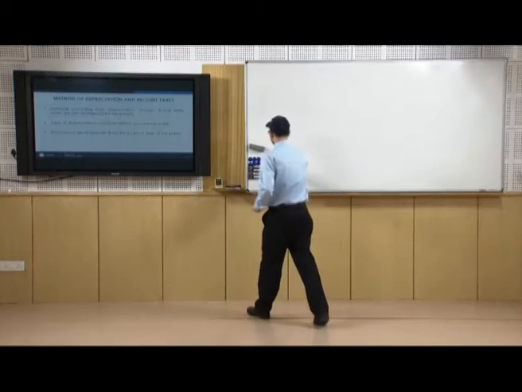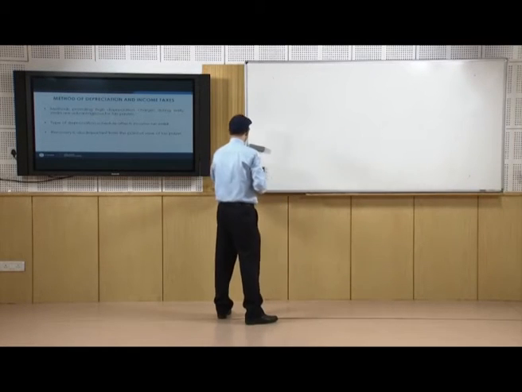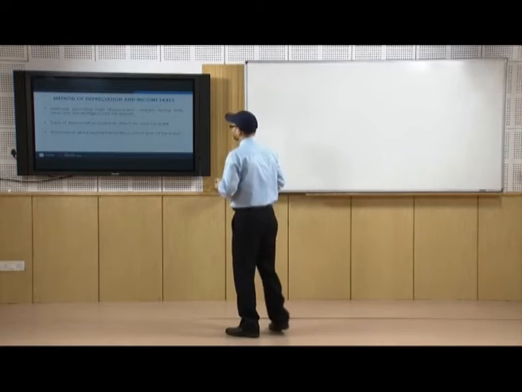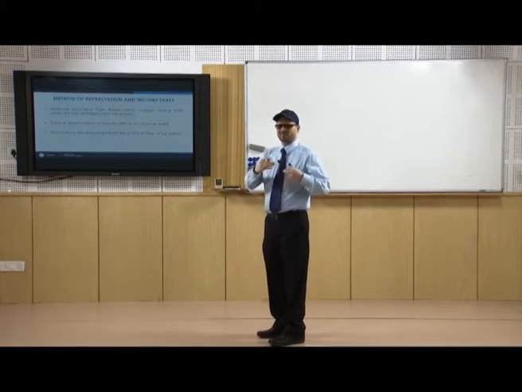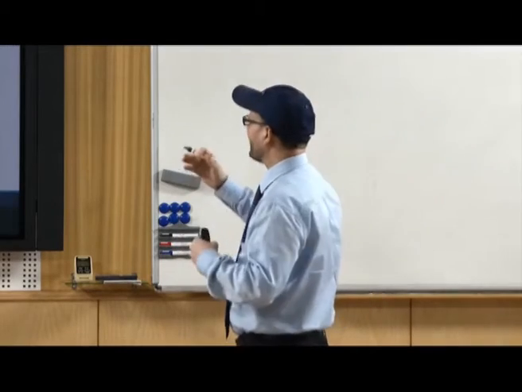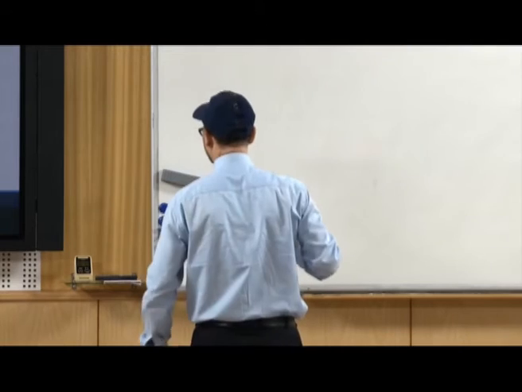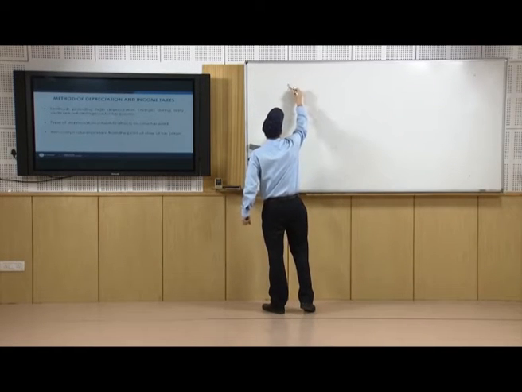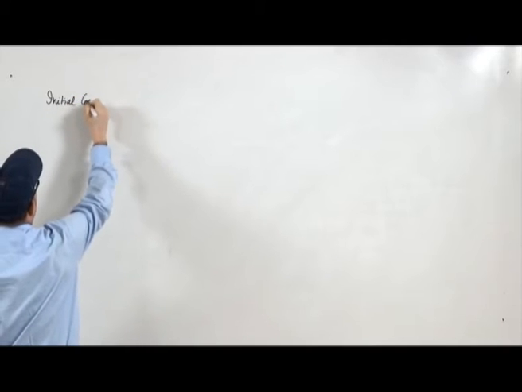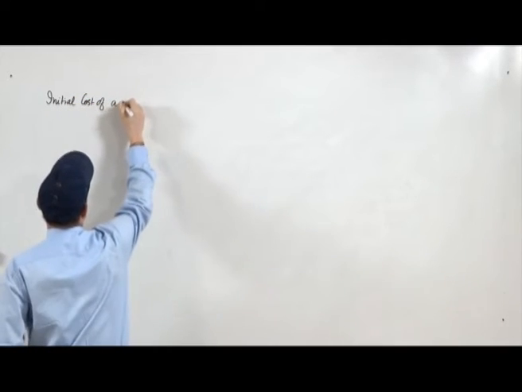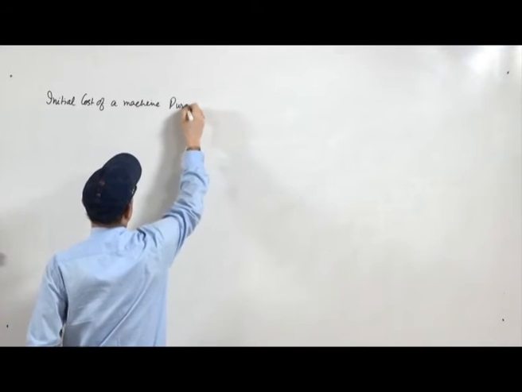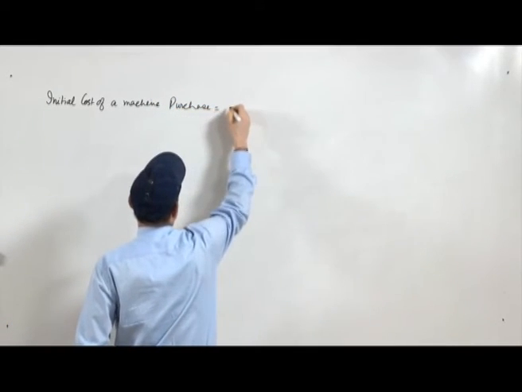We will see one example. In that we will try to see how the selection of different depreciation schedules affects the income tax amount to be paid. So, let us say the initial cost of a machine purchased is rupees 2 lakh.